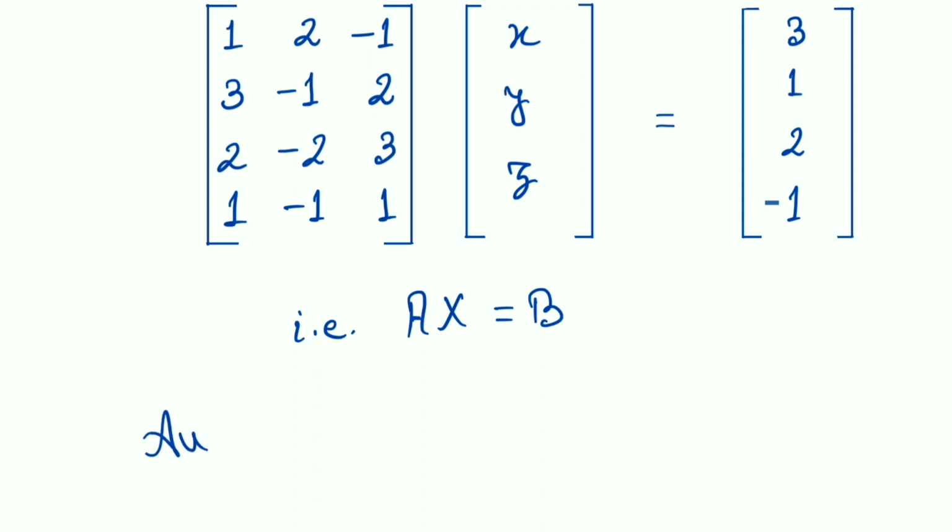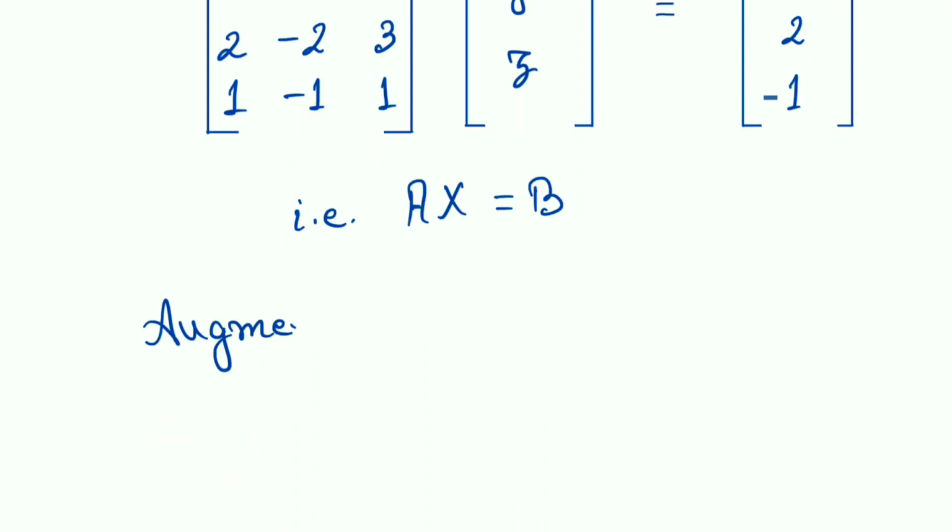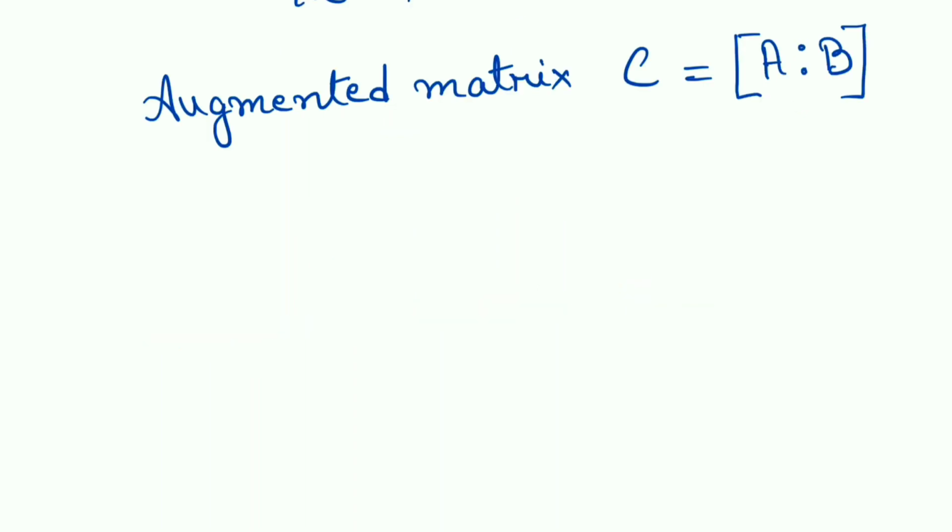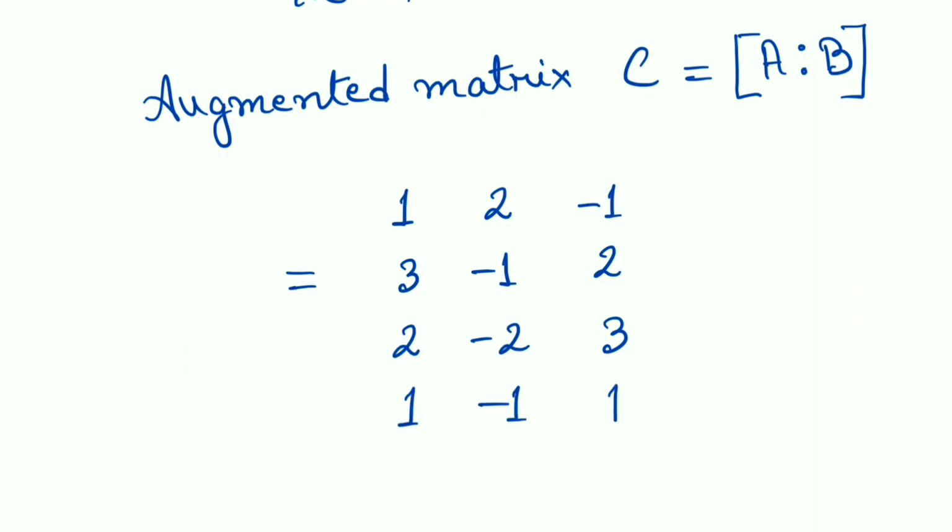Now we will form an augmented matrix by combining the coefficient matrix and the resultant matrix, and we will name the augmented matrix as C. C equals A such that B. We read the augmented matrix as A such that B. So the augmented matrix C becomes 1, 2, minus 1, 3, minus 1, 2, again in the next row 2, minus 2, 3, 1, minus 1, 1.